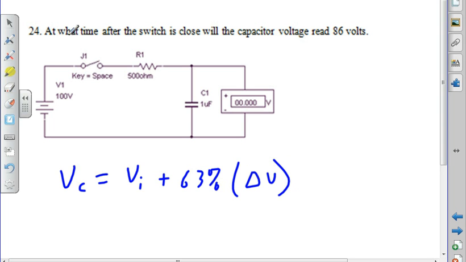So at what time after the switch is closed will that happen? And this is for every period. So my time, what's that time constant called? Anyway, it's RC.